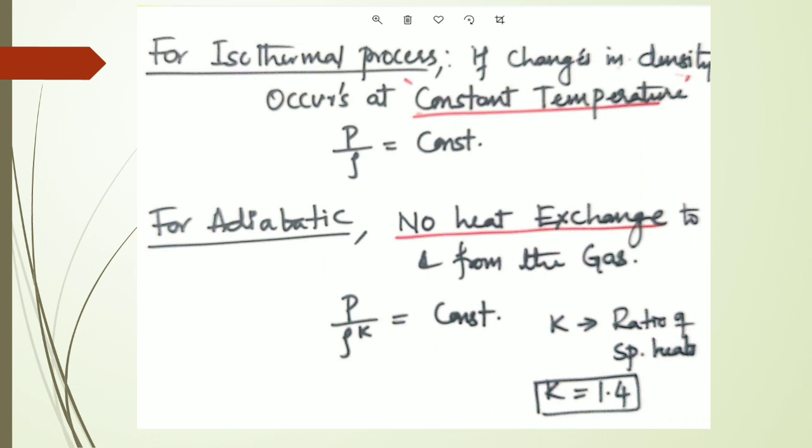For adiabatic, there is no heat exchange to or from the gas. No heat exits out of the system, and none enters into the system. That is P by rho raised to K is equal to constant, where K is the ratio of specific heats, Cp by Cv, as we have seen in BTD. The same thing comes here. K is equal to 1.4 here.